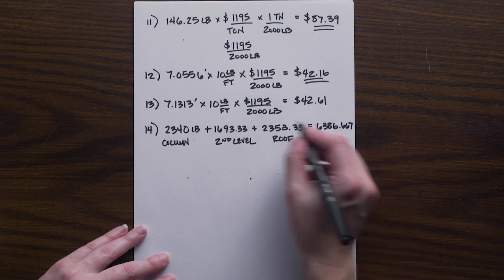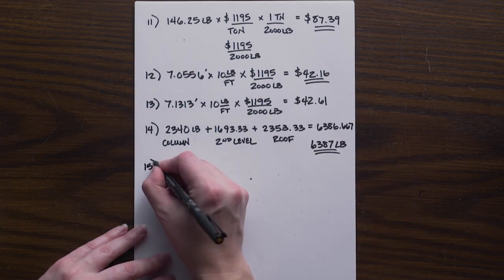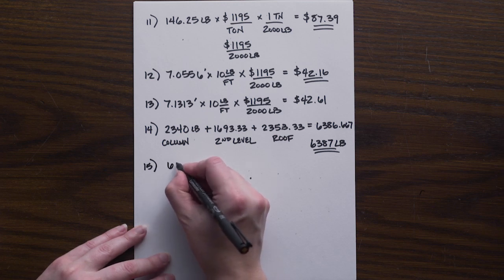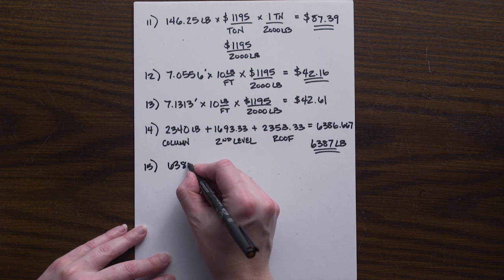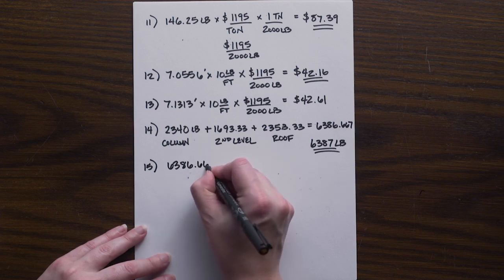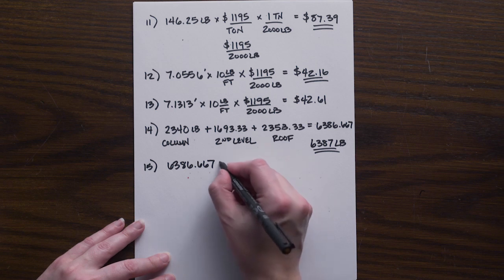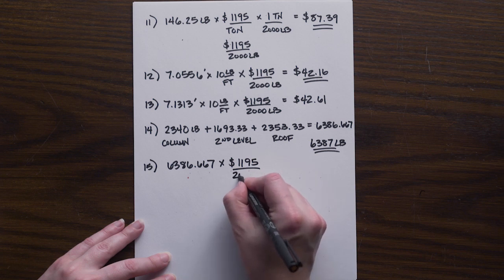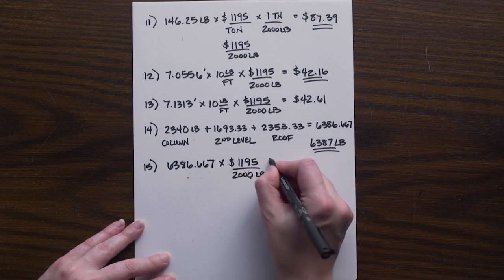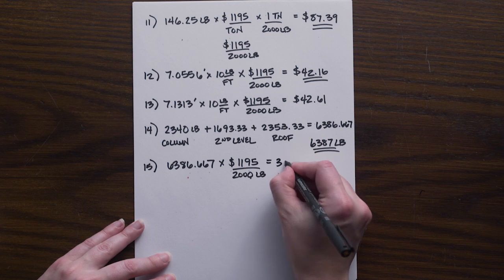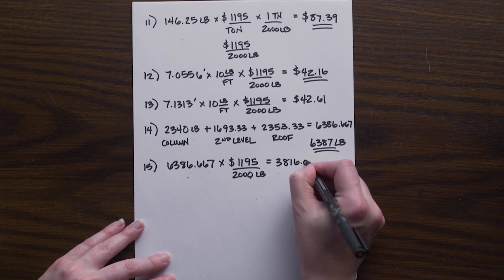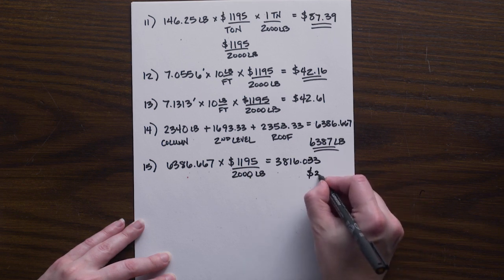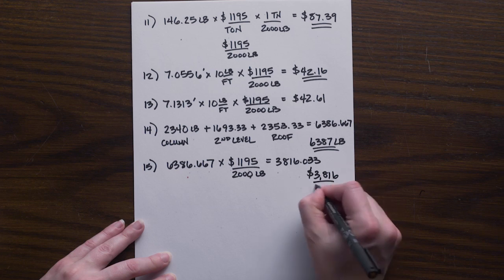If we want to convert all of this into a cost, we simply take our 6387, or 6386.667 if we use our unrounded number, and multiply that by our $11.95 per 2,000 pounds, and we get roughly $3,816.